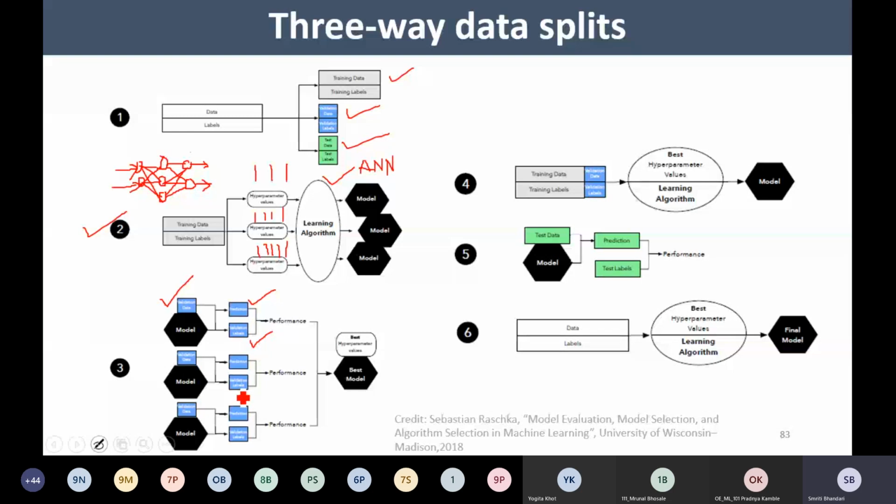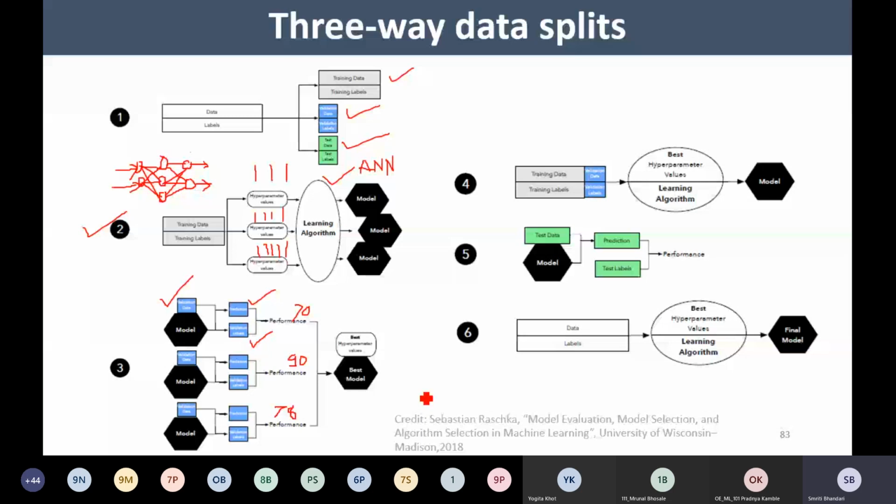So every model is predicting the labels using the validation data set, and every model is giving me some performance. Suppose model 1 is giving me 70% accuracy, right? Model 2 is giving me say 90% accuracy. This is just an example. And model 3 is giving me say 78% accuracy. Let us assume.